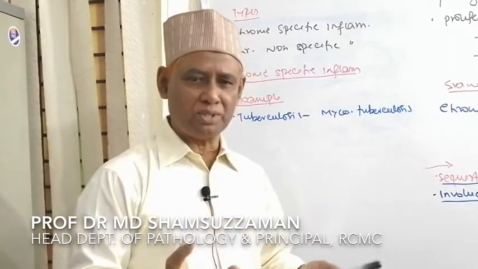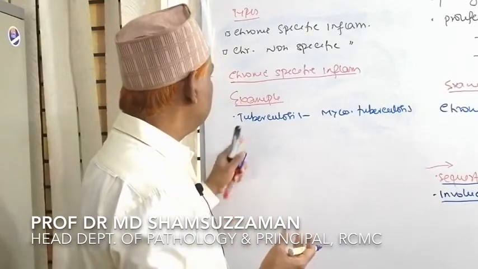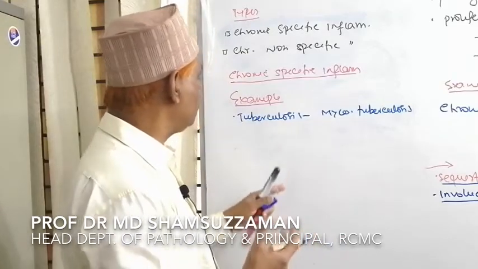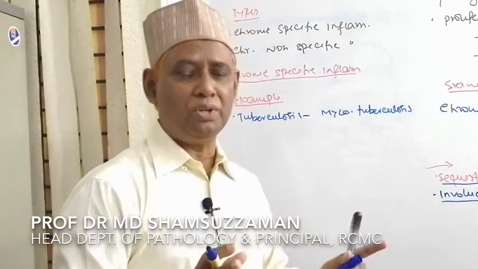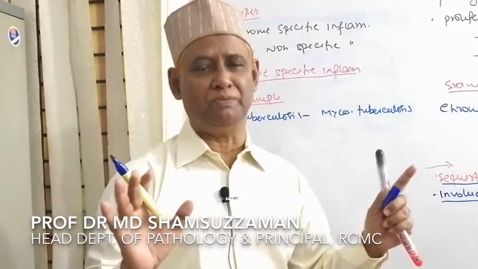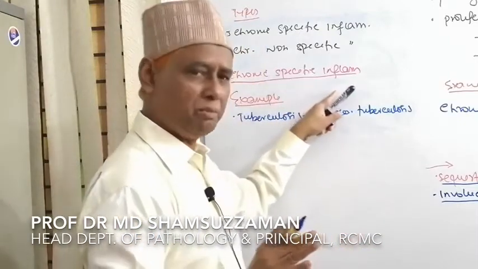There is caseous necrosis, there are giant cells, and granuloma. The tissue changes that we find in tuberculosis are not found in any other diseases or infections. So tuberculosis is chronic specific inflammation.